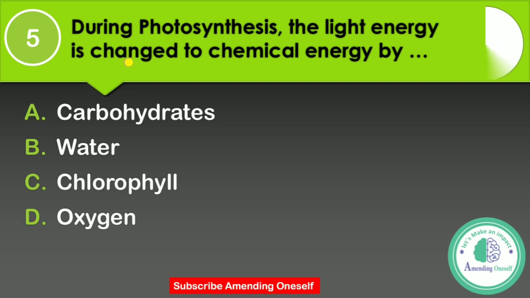During photosynthesis, the light energy is changed to chemical energy by. 4 options, 1 right answer. You have to select one. Option A, carbohydrates, option B, water, option C, chlorophyll, or option D, oxygen. Choose wisely.